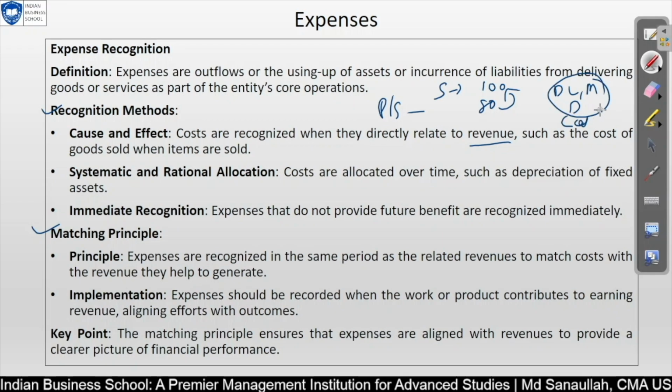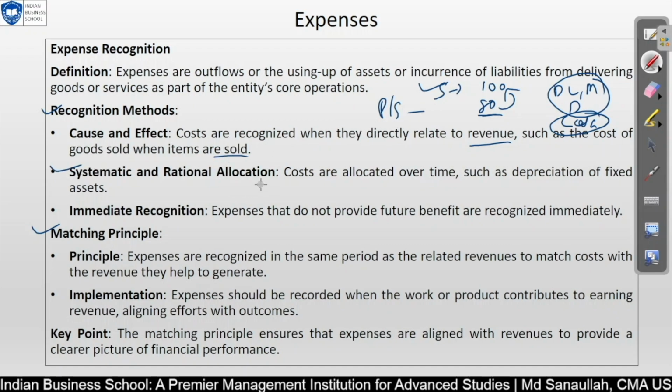So when you consider those costs in your cost of goods, they are directly associated. We did the sales, so we have to recognize the cost. This is cause and effect, as with the cost of goods when the item is sold.